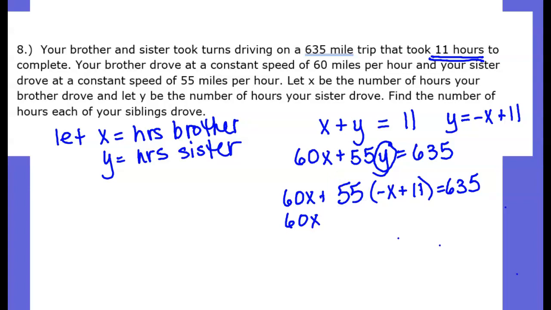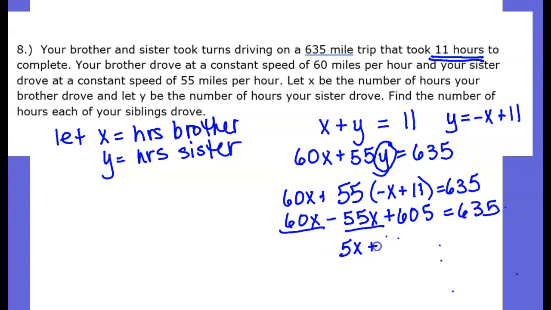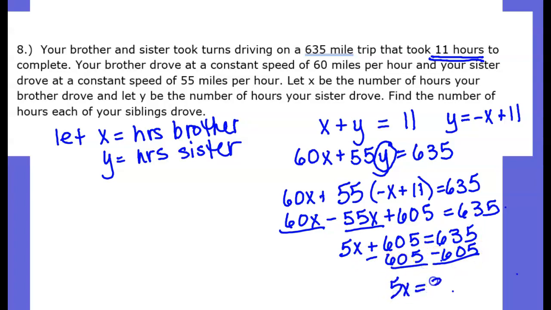So this is going to be 60x minus 55x when I distribute, plus 605 is going to be equal to 635. I'm going to combine my like terms. I end up with 5x plus 605 equals 635. I'm going to subtract the 605 from both sides, and I get 5x is equal to 30.